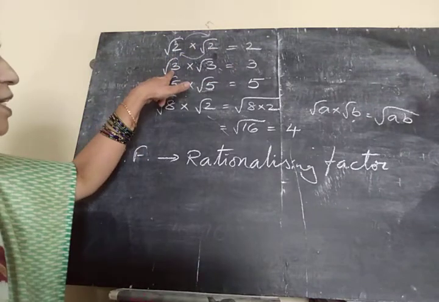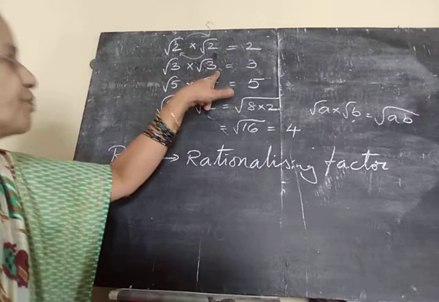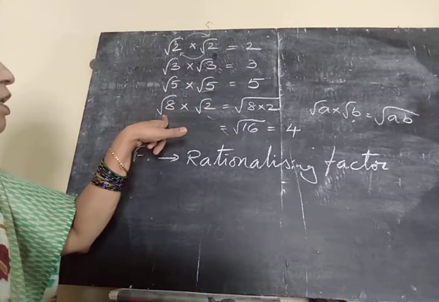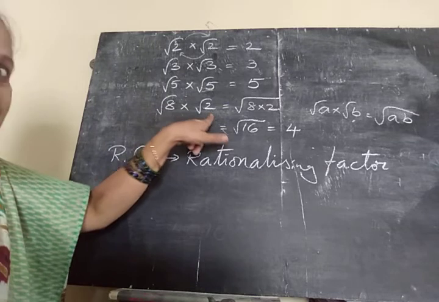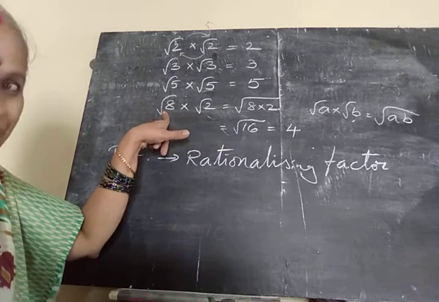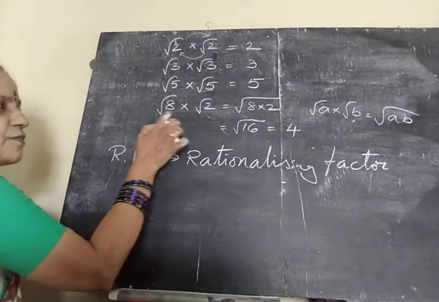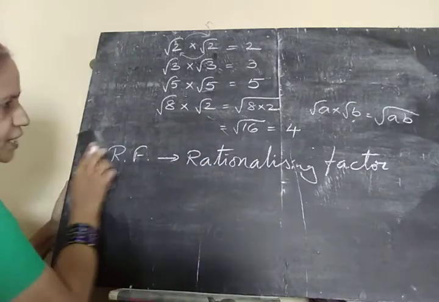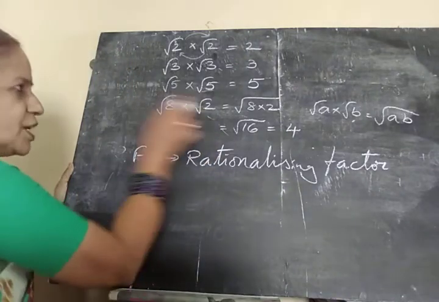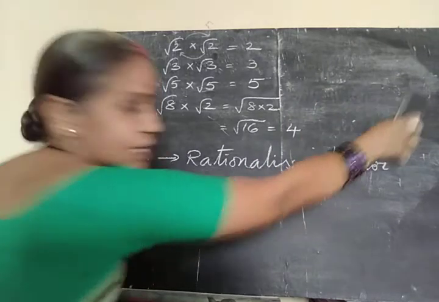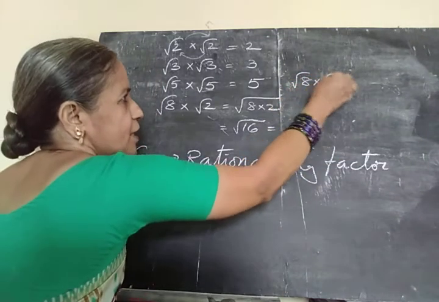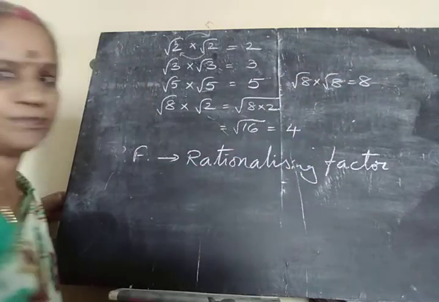And root 3 is the rationalizing factor of root 3. Root 5 is the rationalizing factor of root 5. Root 2 is also a rationalizing factor of root 8. Root 8 into root 8 also gives 8, a rational number. Root 8 into root 8 becomes 8, rational only.